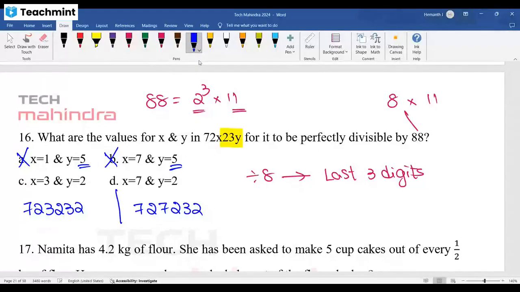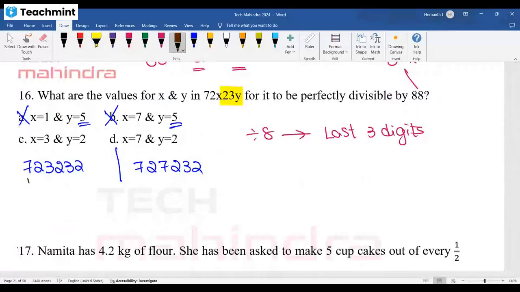Now what is the divisible by 11 rule? The rule is alternate digit summation and the remaining numbers' summation, and we have to take the difference. Here the alternate digits are 7 plus 3 plus 3, which is 13. The remaining are 2 plus 2 plus 2, 6. 13 minus 6 is 9.